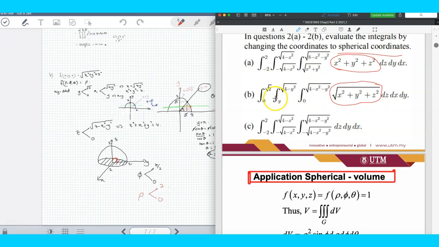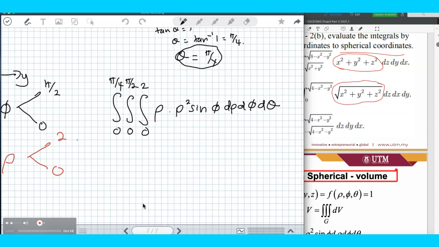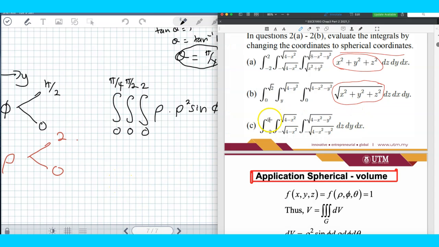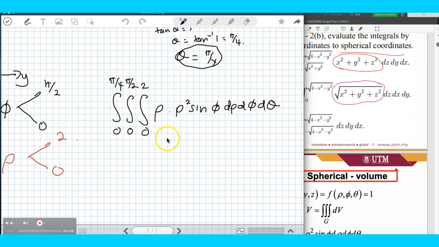Now we can substitute. You can rewrite the triple integral into spherical coordinates, and the triple integral in spherical becomes this form. Please get your answer yourself.